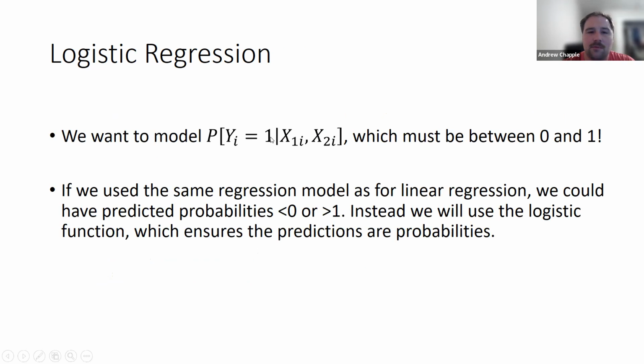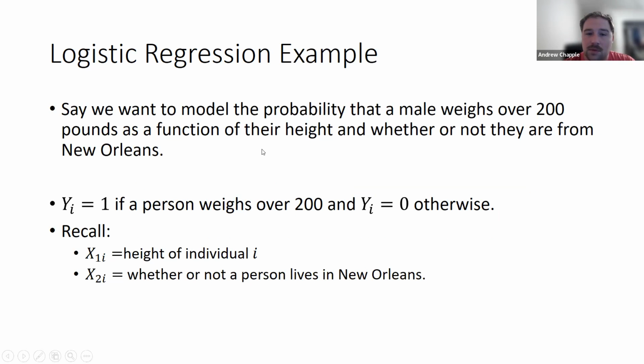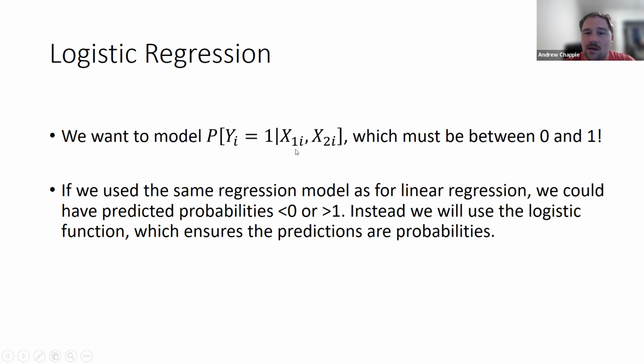So we want to model the probability that yi equals 1, the probability they weigh over 200 pounds based on their height and whether or not they live in New Orleans. These will be used in the regression models, similar to linear regression.